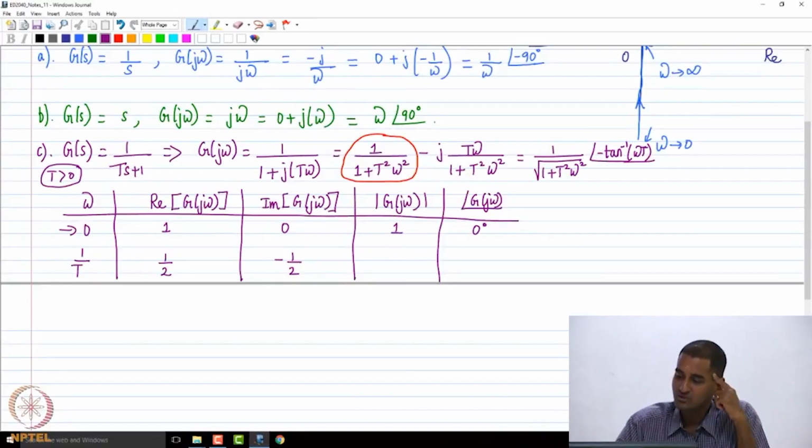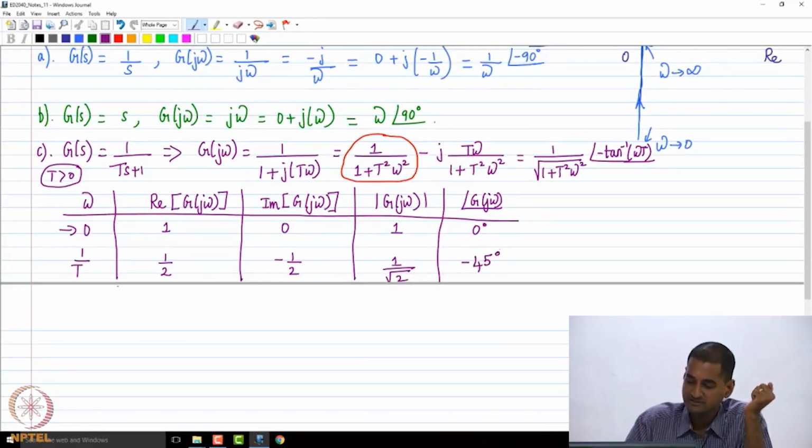Then what happens to the magnitude and the phase? Magnitude is 1 by root 2. What about the phase? It is going to be minus 45 degrees. So, let us continue this table.